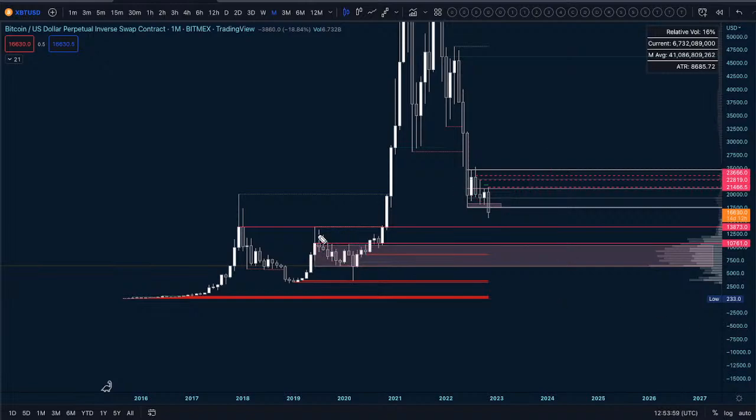You see, even after this pullback, we came to support, we went up, smash, maybe even smash, and then reclaimed a month later, and then reclaimed the range, and then higher.